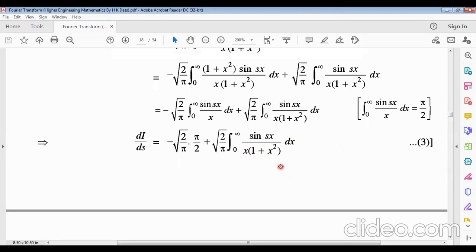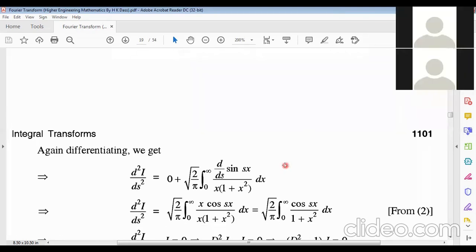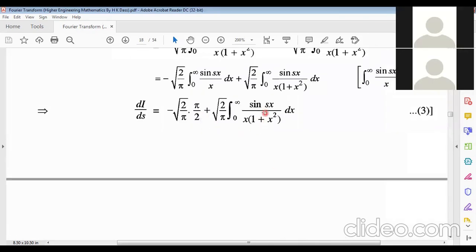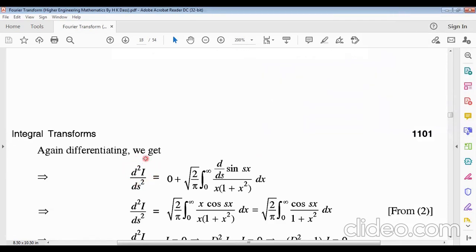Remember it. This is the differentiation of I with respect to s. Now again differentiating this with respect to s, the second derivative of I with respect to s is d square I by ds square.